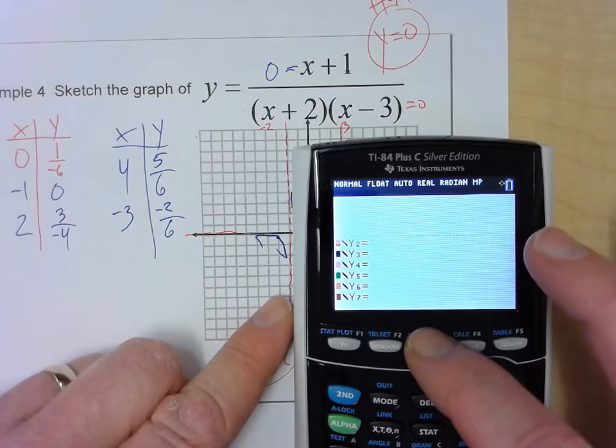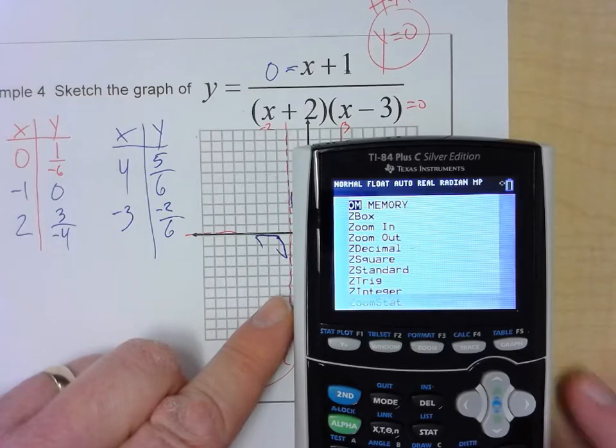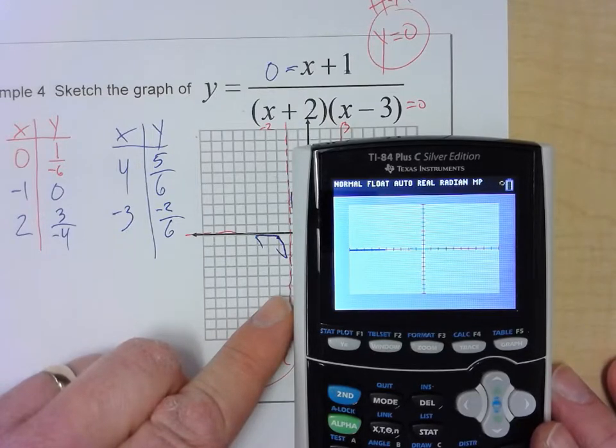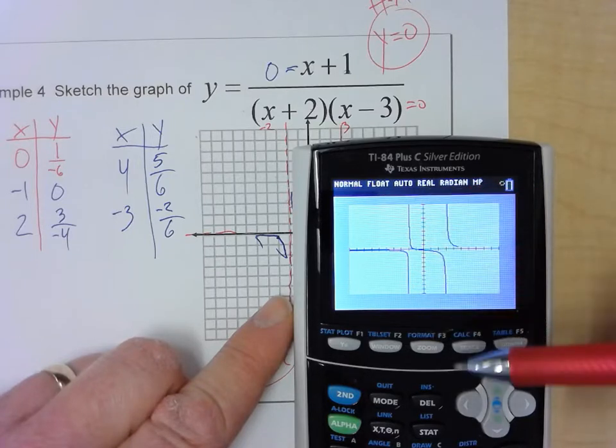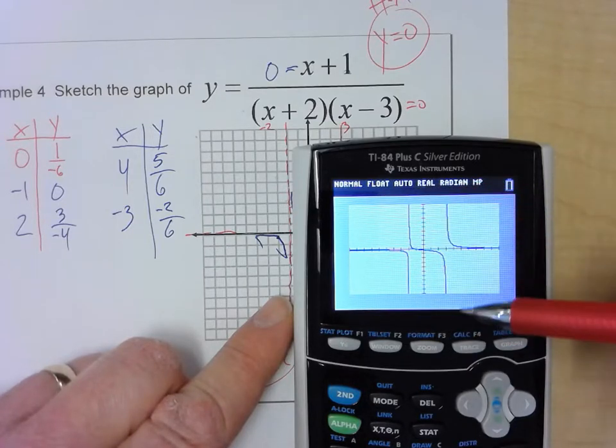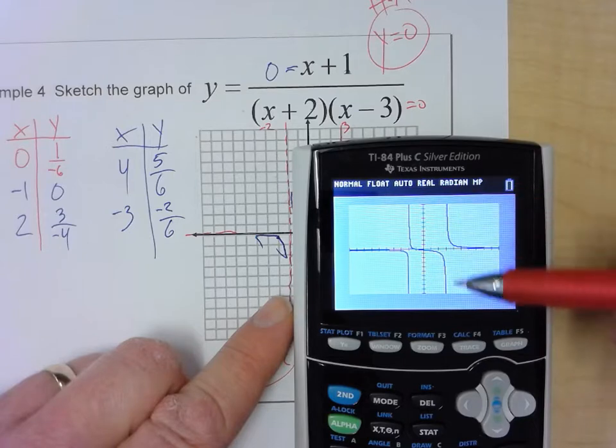Okay, and zoom standard, zoom 6. Okay, so there it's negative 2, it's where it's breaking. It snakes through. It's also breaking at positive 3, and it snakes through.